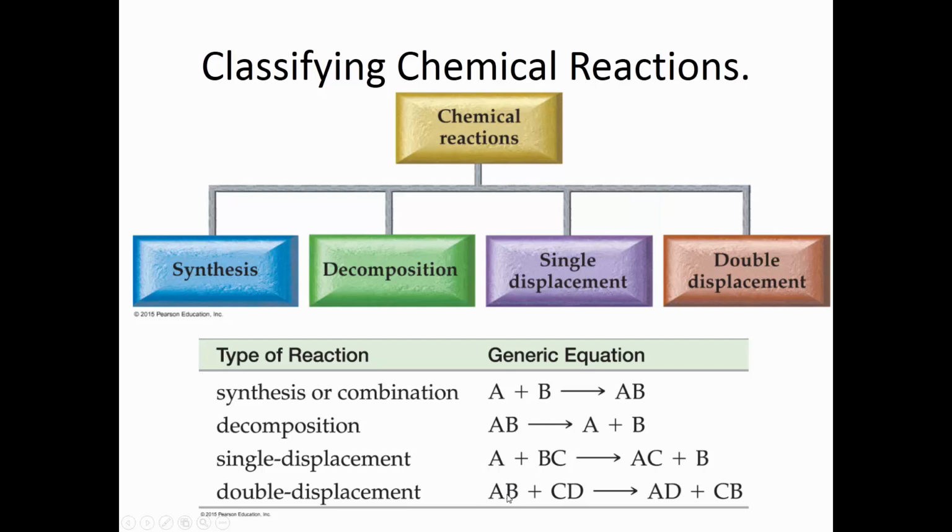So A is in the front, A stays in the front, C is in the front, C stays in the front. B is in the back, it stays in the back, D is in the back, and it also stays in the back. So for double displacement, the order within those compounds does matter, and it might be a little bit tricky because everything there is changing places.